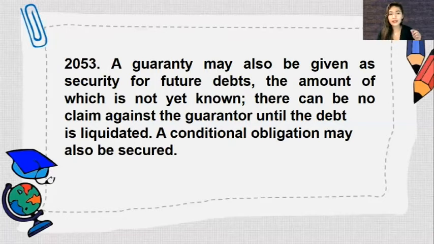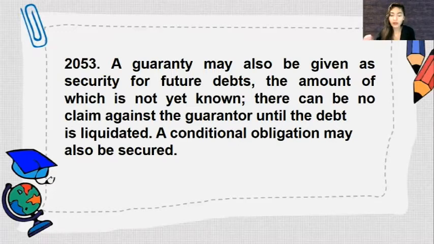So the guarantee in this article includes a continuing guarantee or suretyship. It is not limited to a single transaction, but contemplates a future course of dealings covering a series of transactions, generally for an indefinite time or until revoked.